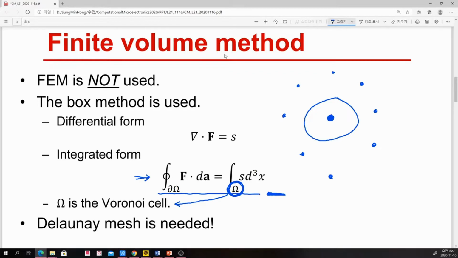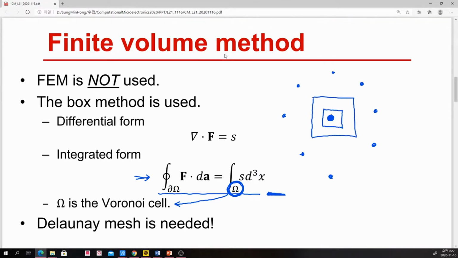Say this is our omega, or this is our omega, or this is our omega. Whatever shape of omega is fixed, this equation will hold, because it is just the original equation integrated over an arbitrary small volume omega.